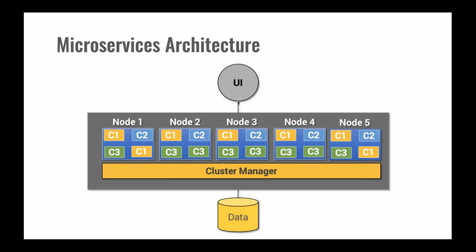And data is also going to be split. Again, for simplicity, I left the data part as is, but data could be decentralized. So instead of having one large Oracle or SQL Server, we might actually have a MongoDB, a Redis, and other cloud native databases supporting each of those deployment units.